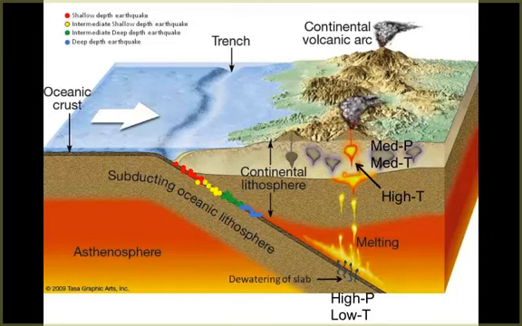And then in the area within the mountain belt itself that's building up, we have moderate temperatures, moderate pressures, and those are areas of regional metamorphism. So we see all of those. We see subduction metamorphism. We see what's called contact metamorphism around plutons. And we see regional metamorphism within a mountain belt.